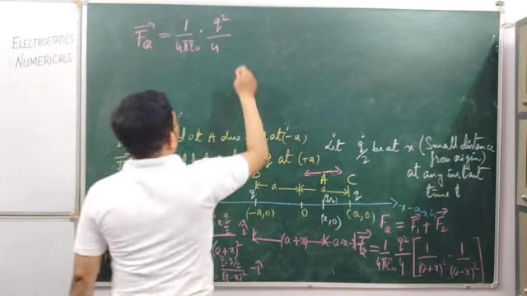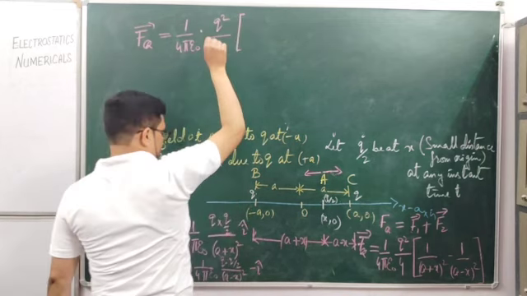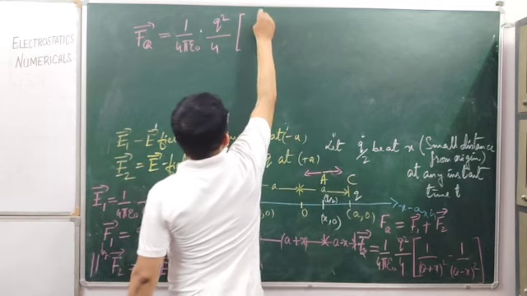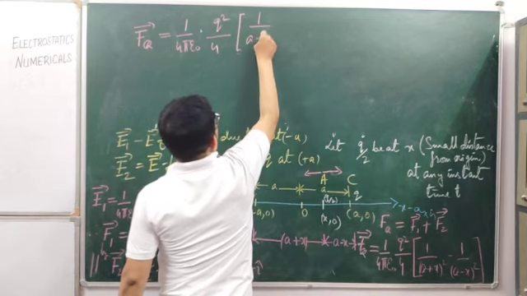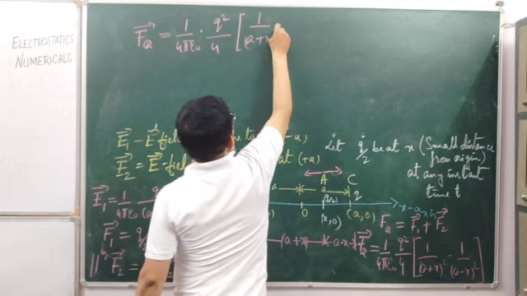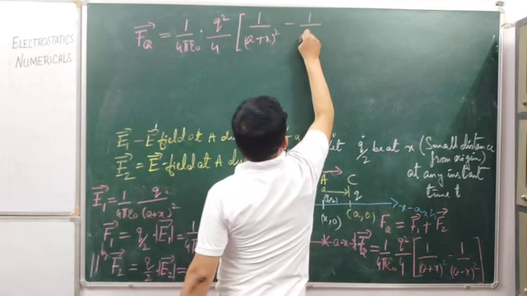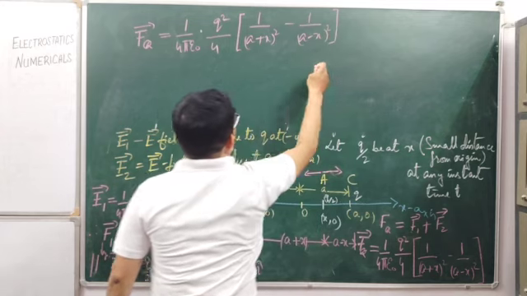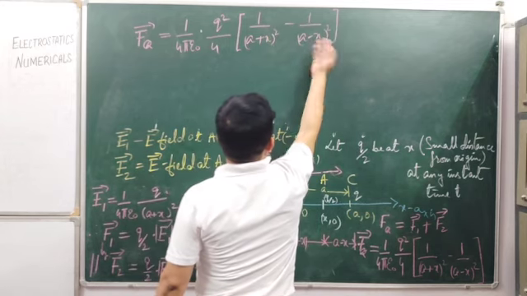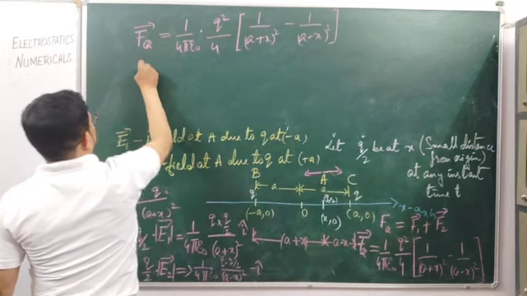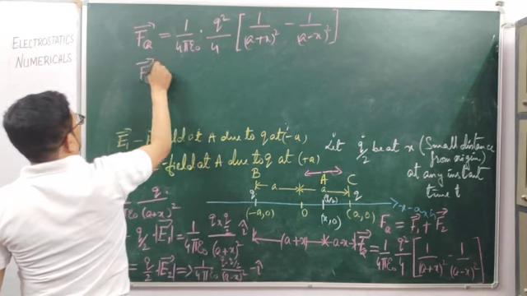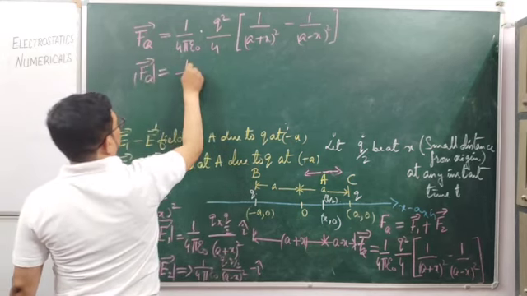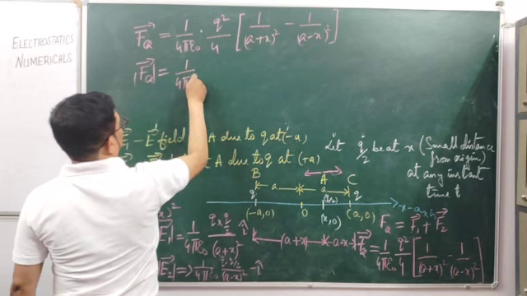Okay, and this was taken common, and we are left with this one, which is 1 by (A plus X) whole squared minus 1 by (A minus X) whole squared. It's a simple simplification of this. So if we bring it here, we take the LCM. So this comes out to be, if Q is equal to, magnitude of this is equal to 1 over 4 pi epsilon naught.